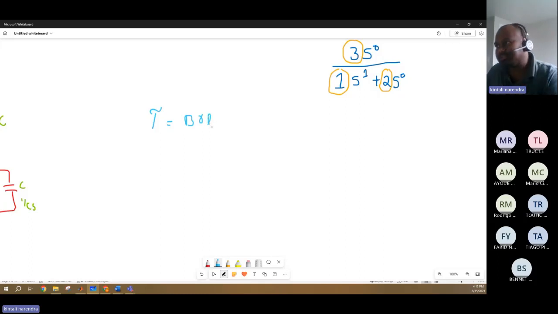R is the distance, L is the length of the rotor, times sine of theta S minus theta R, times ns by 2 pi. This is the torque developed by a brushless DC motor.